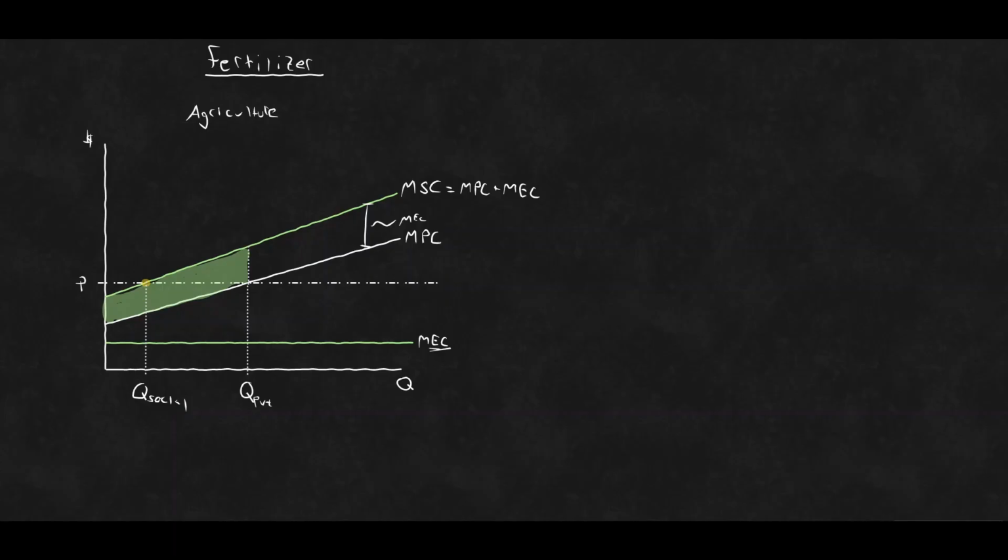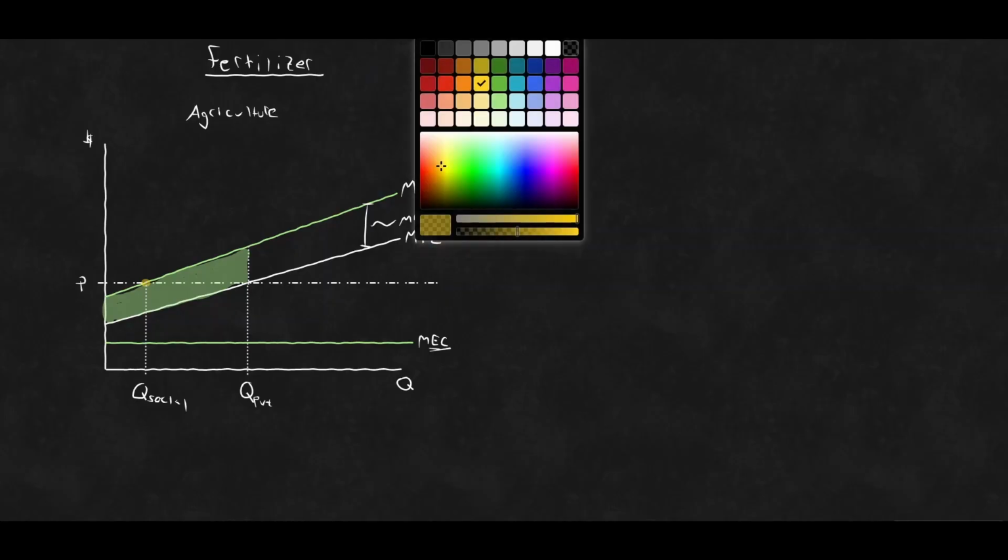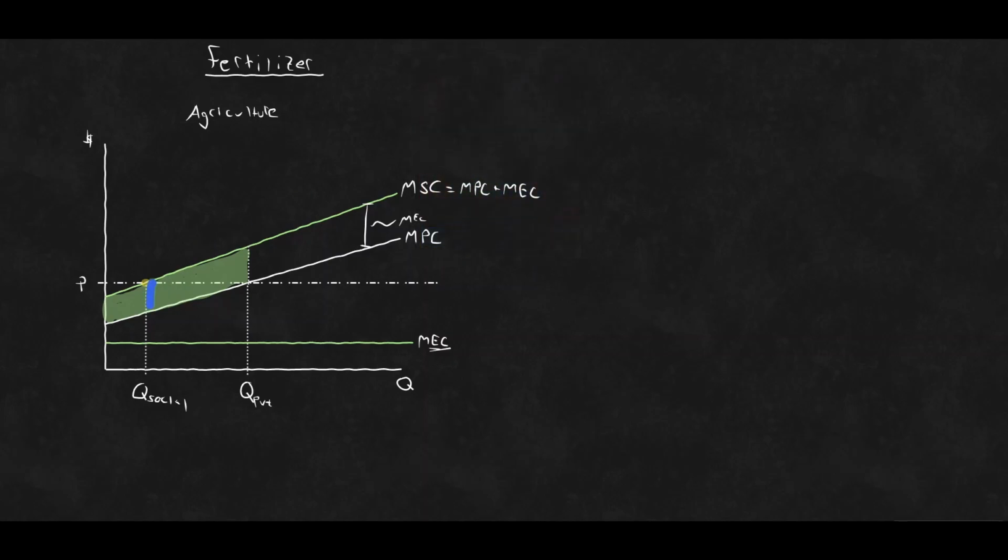If we were to obtain Q social, how does this play out altogether? Well, society, so all of the fishermen, all of the users of the lakes, the waterways, all of that, they would gain all of this area in the fact that we're no longer polluted.